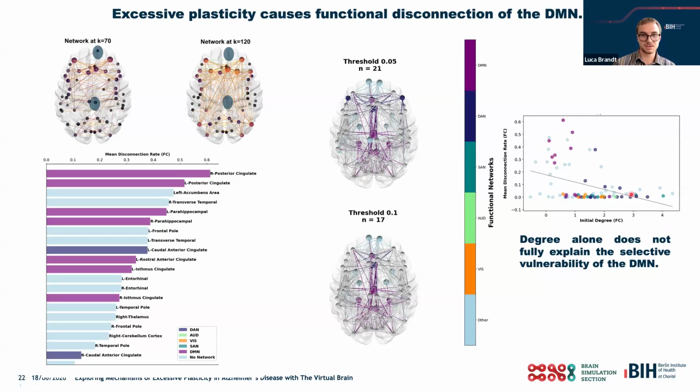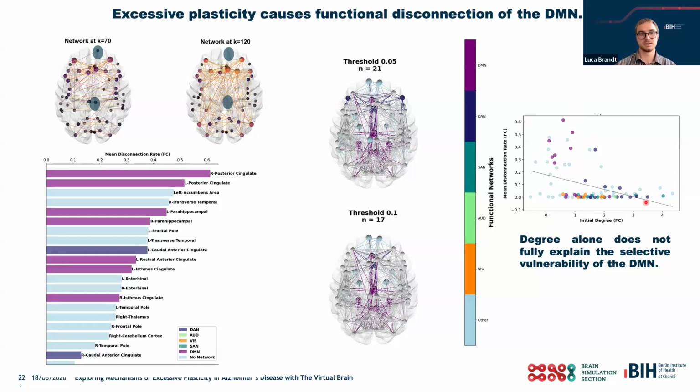There's a negative relationship between the mean disconnection rate and the initial degree. The most disconnected regions, the posterior cingulate regions, have a somewhat lower initial degree compared to other regions. But this would also mean that all other regions exhibiting a low degree would be disconnected at a similar level. So it can only partially explain that the default mode network is selectively vulnerable.